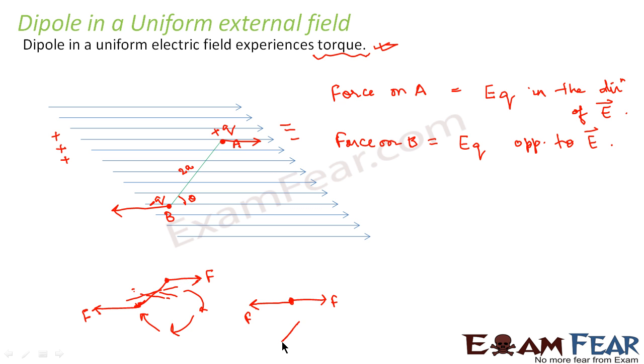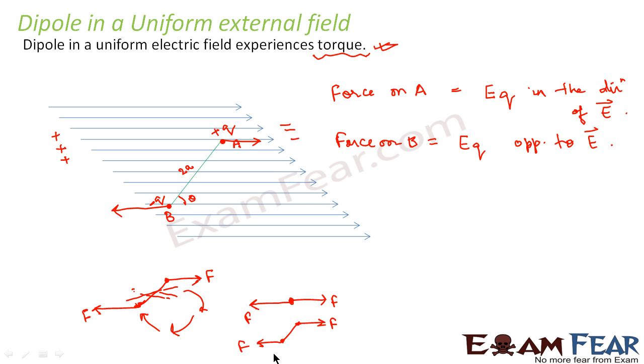But what happens if you have a rod and you apply a force F here and an equal and opposite force at the other end? Here also the net force is 0 because the forces are equal and opposite. But here, since the line of force is different, the body starts rotating and we say that the body has a torque. Right?